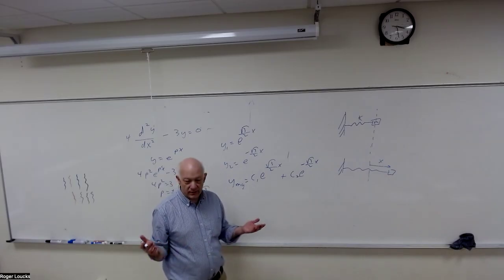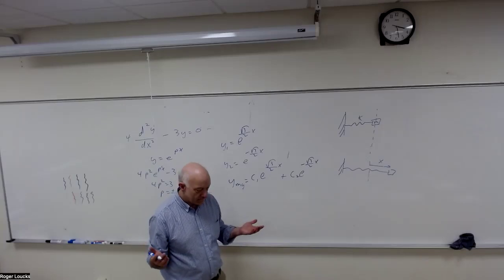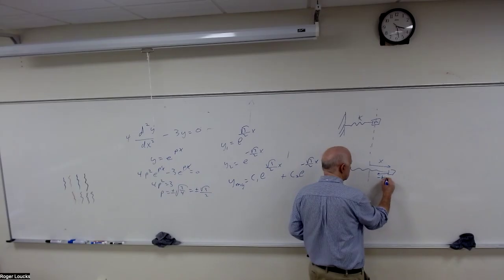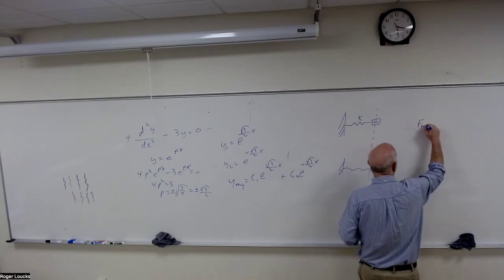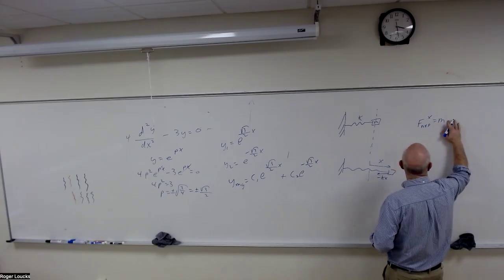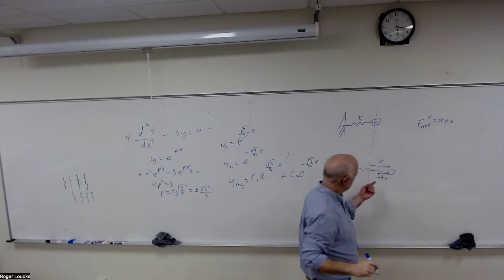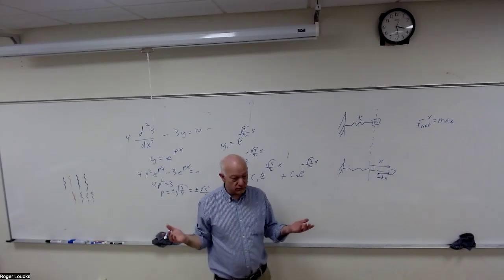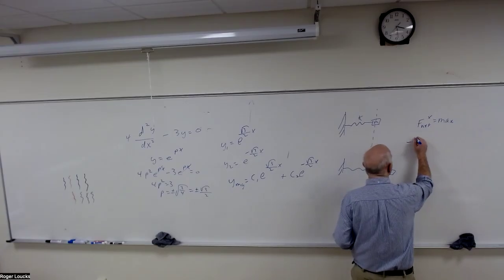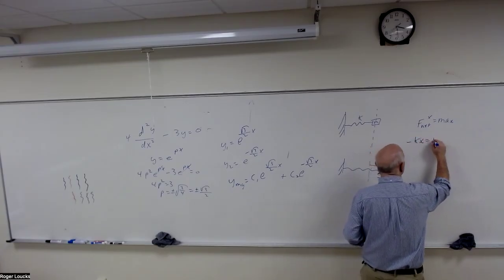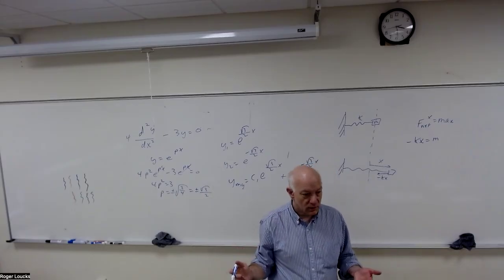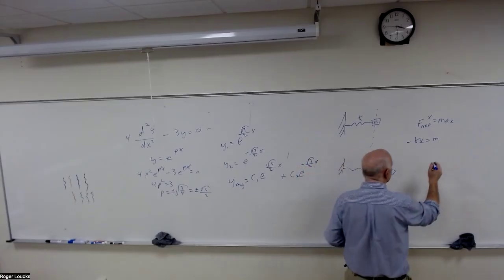The forces on the mass are minus kx. The net force in the x direction equals m times x double dot. From that picture, the only force in the x direction is the spring. And how do we write the acceleration? Second derivative of x.